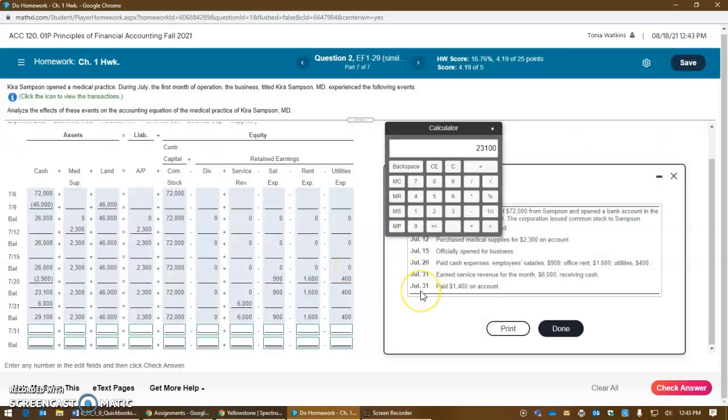Last one for this one, paid $1,400 on account. So we paid $1,400, so our cash goes down. And it says we paid that on account. So remember the supplies we purchased and we did not pay cash for them? We're paying some on our debt. So that's going to be a minus because it's going down, okay? And now you can figure out your ending balance for cash.